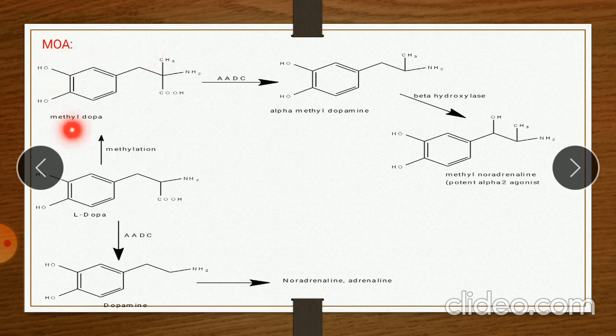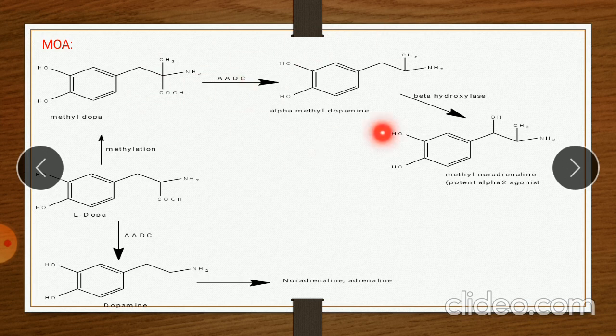Here is methyldopa. After the reaction with AADC, it is converted into alpha-methyldopamine. Methyldopa is first transported actively into the CNS, where it is decarboxylated by AADC into alpha-methyldopamine. In this step there is a decarboxylation; only the COOH is removed by the enzyme AADC.